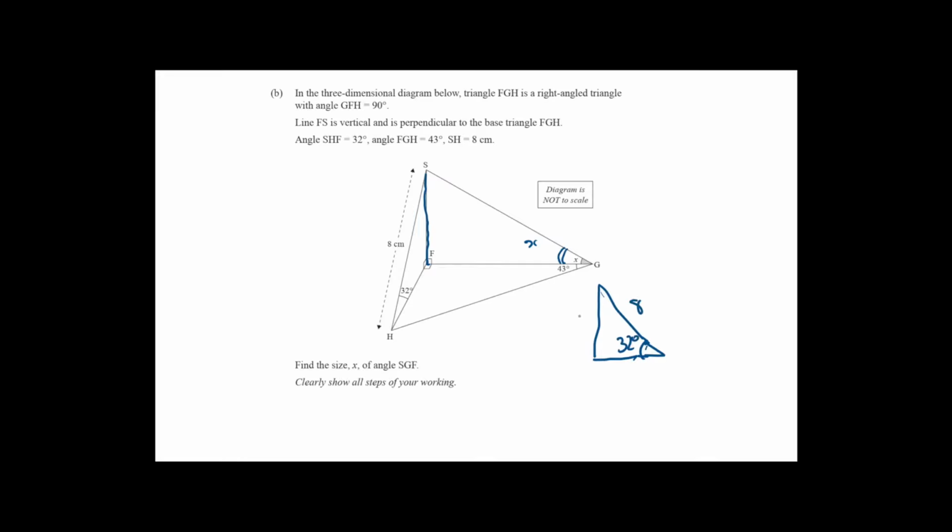If we want to find this side here, which is SF, what are we going to use? Well, we're finding the opposite, so we're going to use sine. So sine of 32 is going to be equal to SF over 8. Remember, opposite over hypotenuse, so therefore SF is going to be equal to 8 times sine of 32.